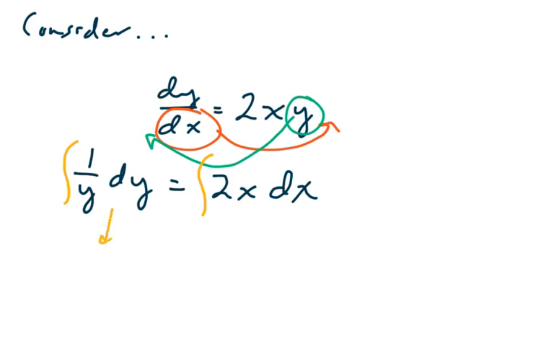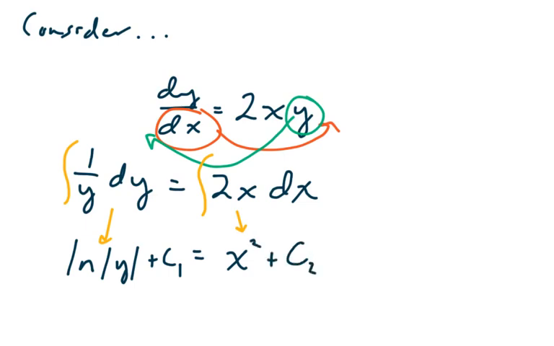Now, the antiderivative of 1 over y is the ln of y, with the plus c, we'll actually call it c1, because as we're going to find out, we end up really with just the c values being put together into one c value. But the antiderivative of 2x, of course, if you add the exponent and divide by the exponent, you end up with x squared plus c, and we'll call it c2.